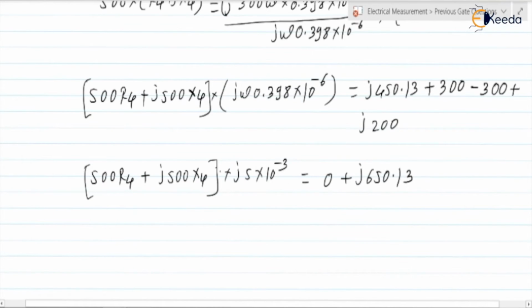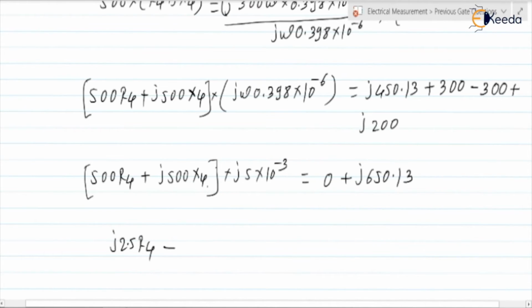Next, we can multiply with this, so it is 500 into 5 into 10 to the power minus 3, so it is j 2.5 into R4.